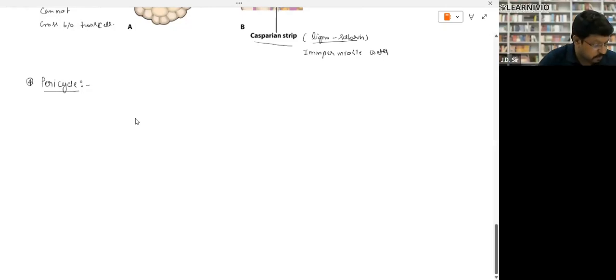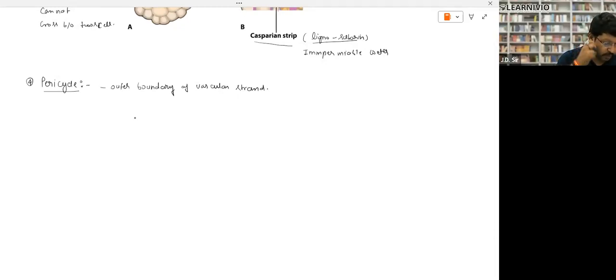It is the outer boundary of vascular strand.